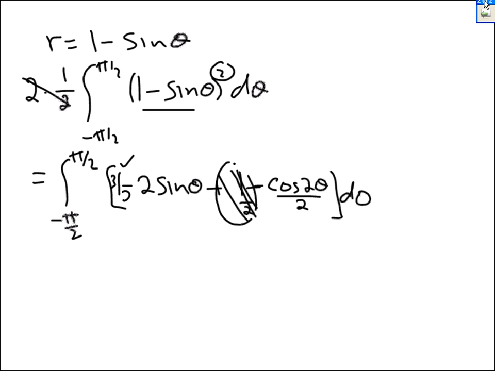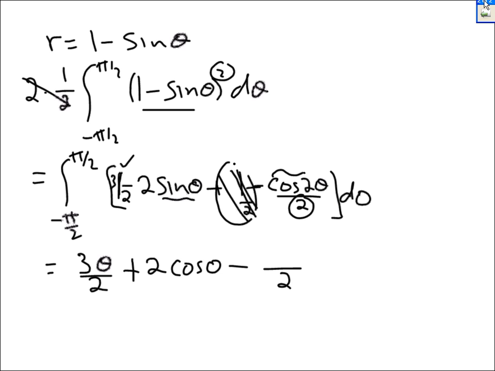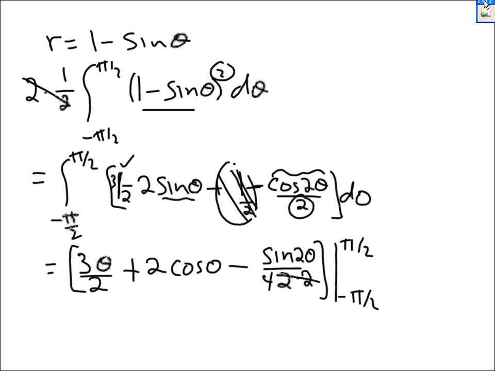It's just 3 over 2. And the integral of 3 over 2 is 3 theta over 2. Minus 2 times the integral of sine theta, which is negative cosine theta. Minus, there's my 1 over 2, that over 2. The integral of cosine of 2 theta is sine of 2 theta over 2, which means over 4. And this gets evaluated from negative pi over 2 to positive pi over 2.